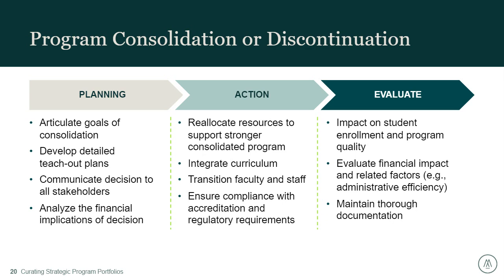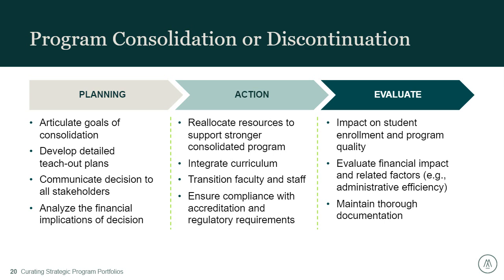Action side, you're going to have to reallocate some resources and then integrate that curriculum. How do you do that? You actually have to sit down and map out a plan. Transition faculty and staff, as probably you would expect. And really this last bullet point on action is key.